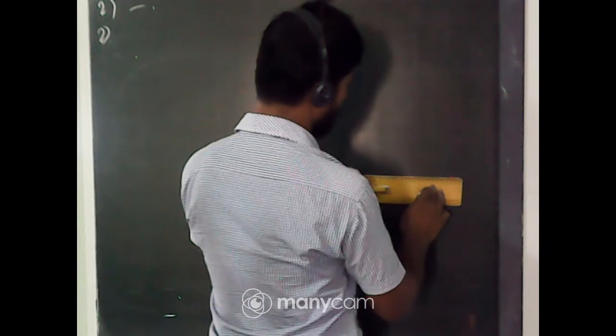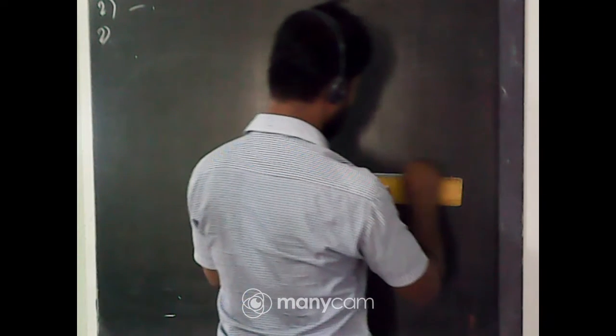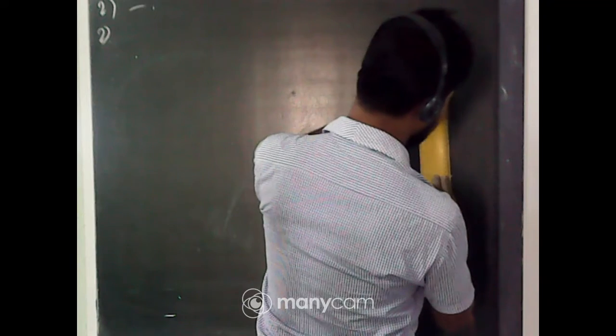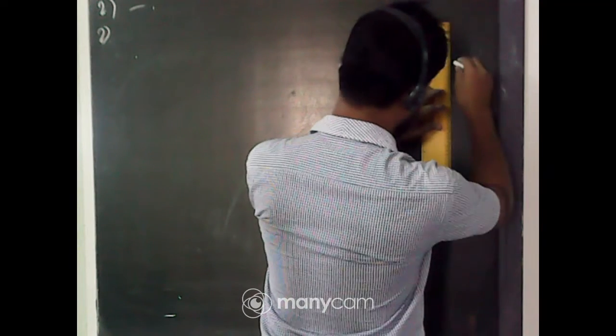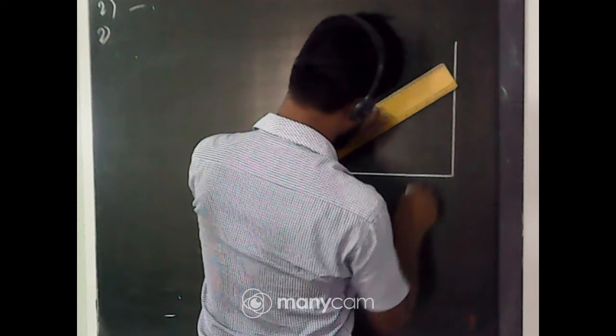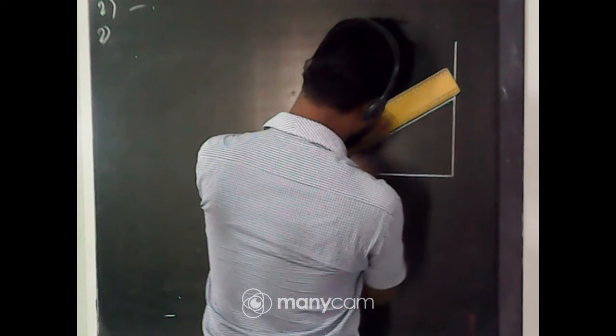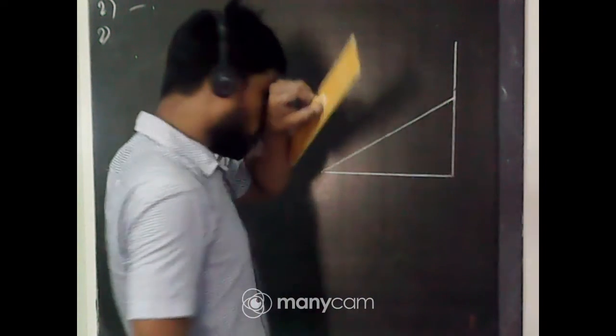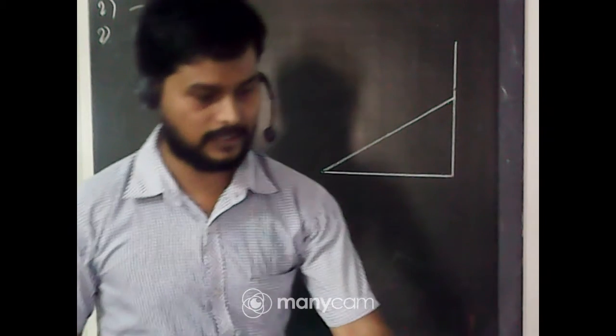Okay, so our next question is, again, one triangle is given. So let's draw the triangle. One triangle is given like this.